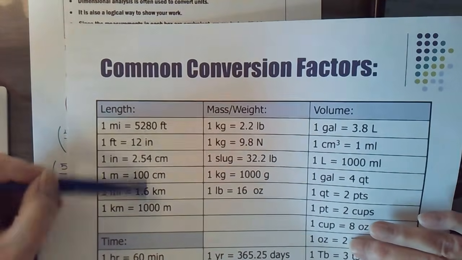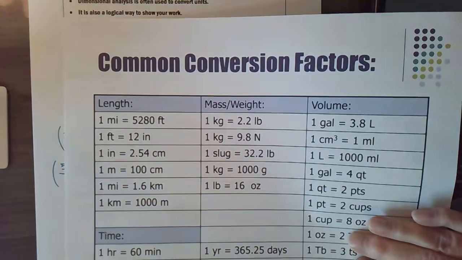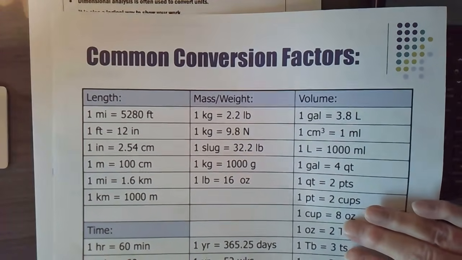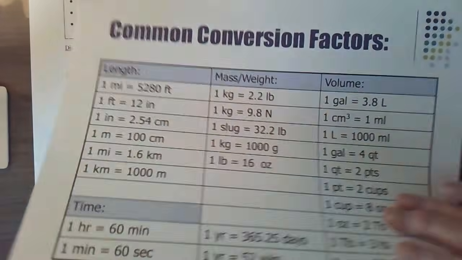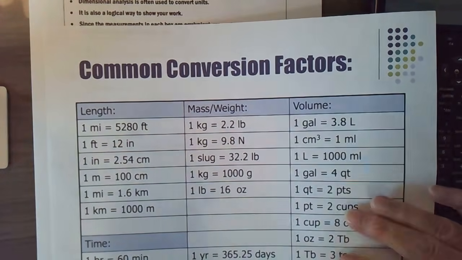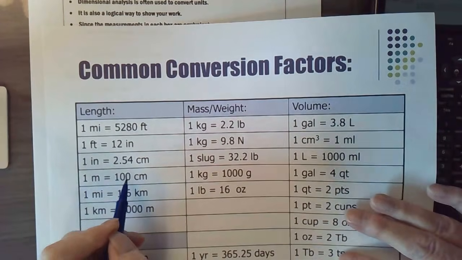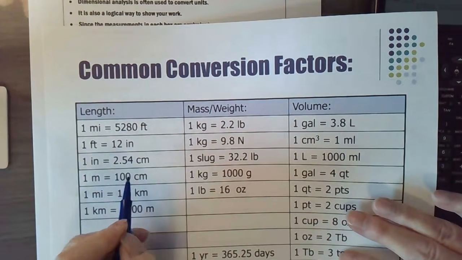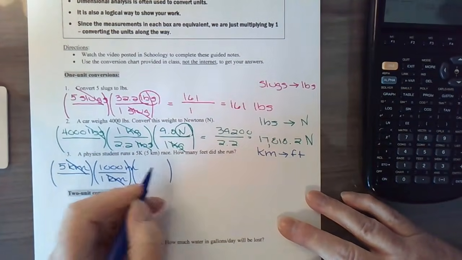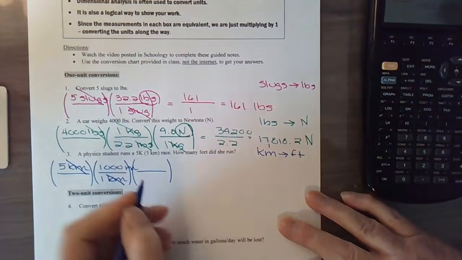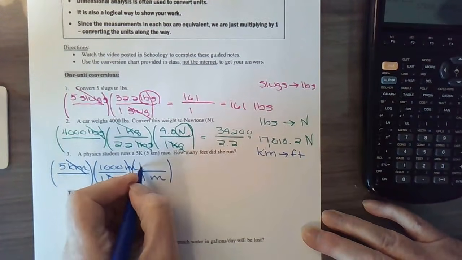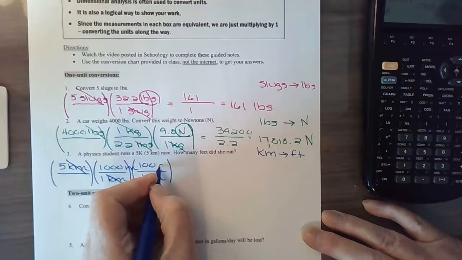There's nothing on here that's directly meters to feet, so I'm just going to have to pick something. Meters to something. How about meters to centimeters? Let's try that. So 1 meter is 100 centimeters.